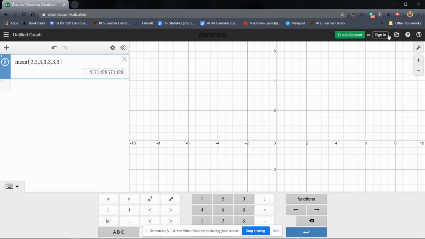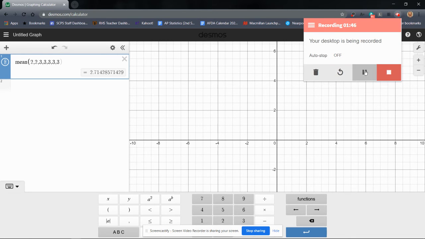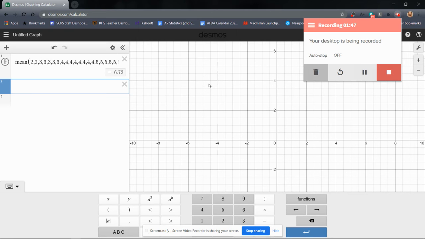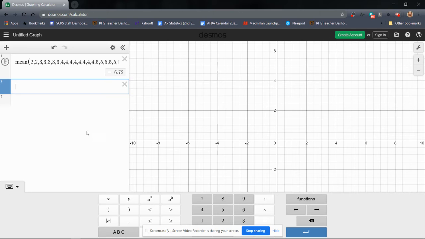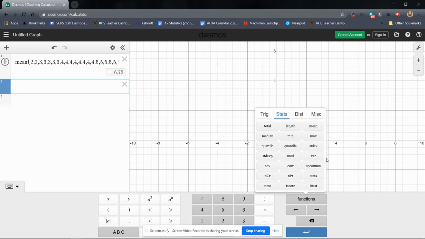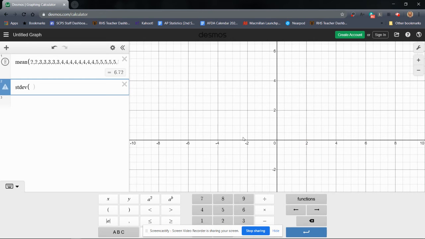I'm going to put in mine. So let's pause the video. Okay, we're back, and I typed in all my numbers and I got a mean of 6.72. I'm going to round that to a 7. And for standard deviation, we go to functions, STDEV.